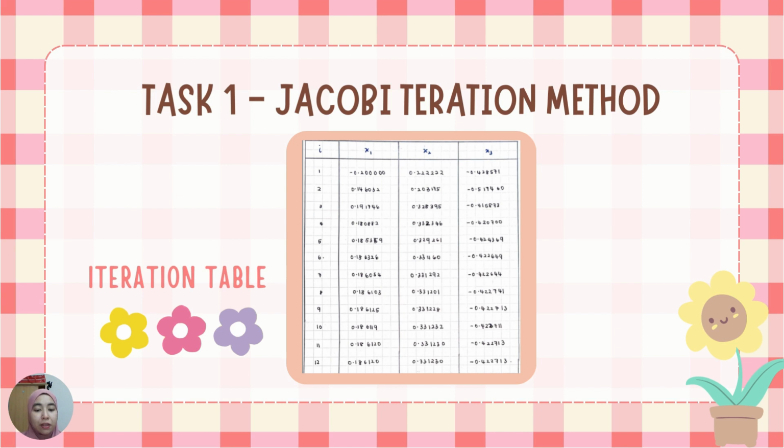Here is the table of the iterations. From this table, we can see the values approach the solution at iteration 12. This is because the values of x1, x2, and x3 stay the same from iteration 12.